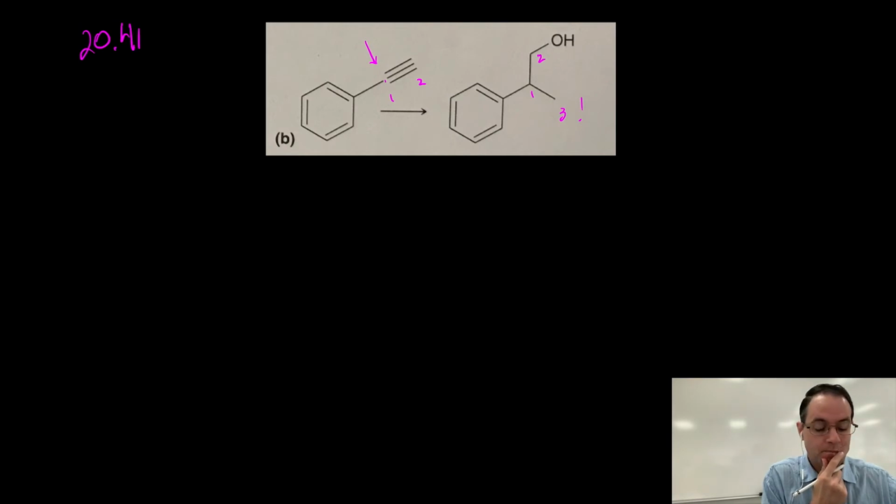I'm not sure. I don't see how I could do that. But one way that you could think about it, you know, where do alcohols come from? They can come from alkenes, right? So that might be something to think about.